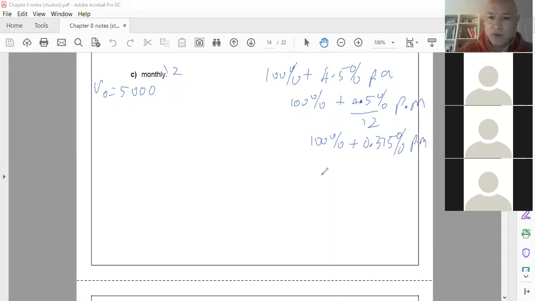Now I've got to divide them all by 100. So that divided by 100 plus 0.375 divided by 100, which gives me 1.00375. Any questions there?